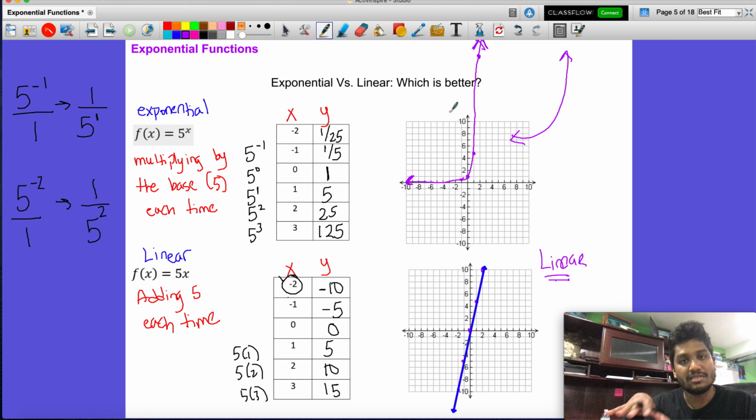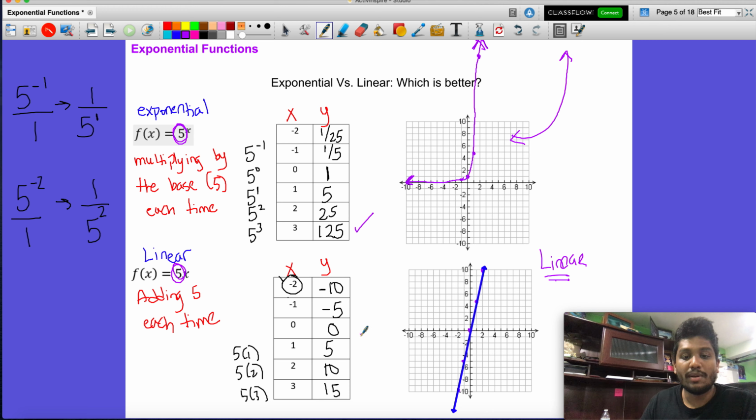All right, and which one's better? It kind of depends on the situation, but you can see we used the exact same x values, right? So negative 2, negative 1, 0, 1, 2, 3, negative 2, negative 1, 0, 1, 2, 3. We used the exact same piece here, 5. This was the base here, this was the slope here, but look at the y values. Which ones increased the most?